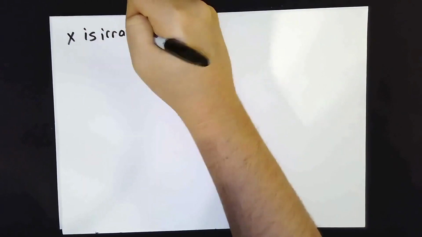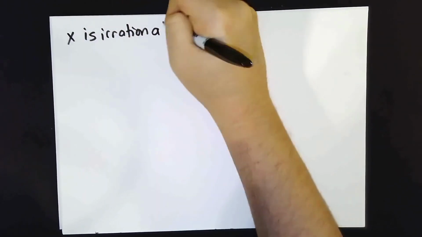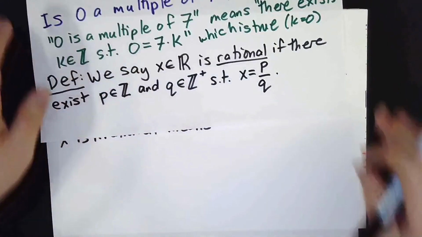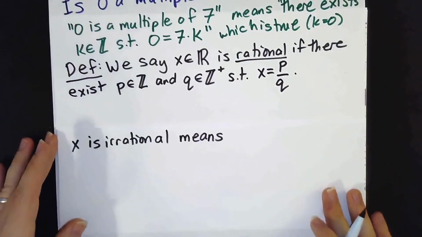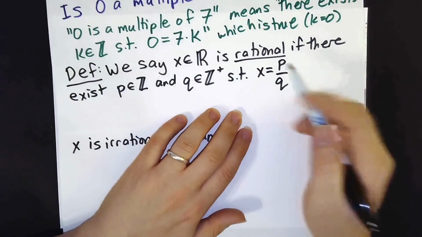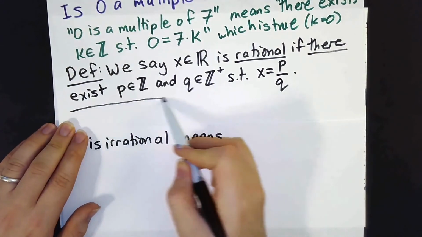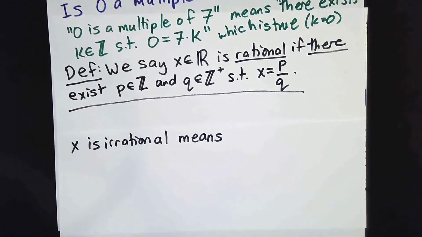What does it mean if we say x is not rational, or irrational? So in other words, I'm asking you, this is our definition of rational, which is there exist these.